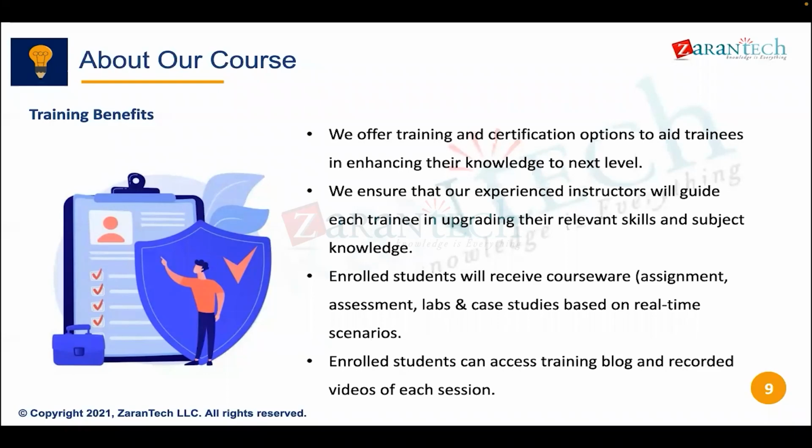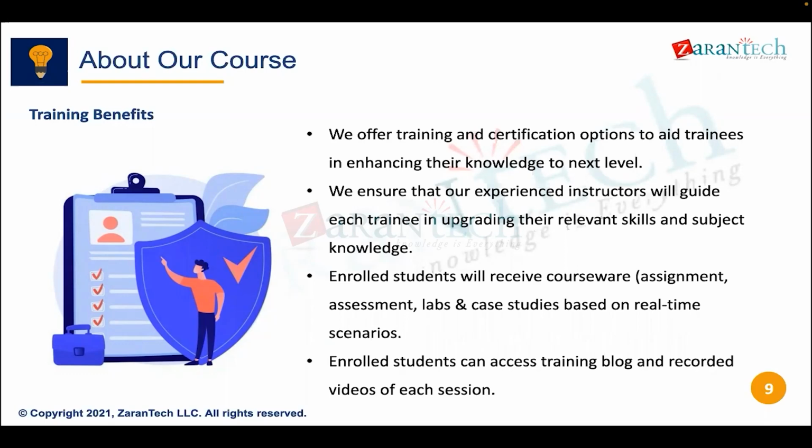What are the benefits for the students? Once they are enrolled, they will get course data, all the materials, a lot of assignments, assessments, lab studies, and case studies based on real-life scenarios. Everything would be practical. ZaranTech's course content team works tirelessly in the background to update the assignments and testing with respect to the course content.